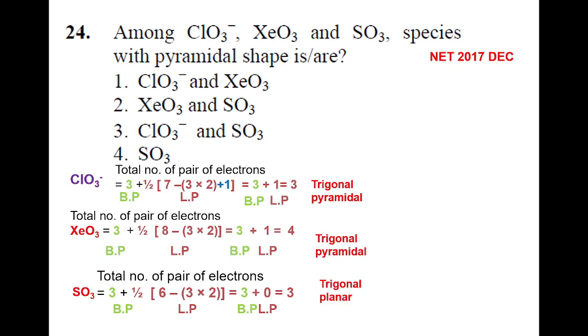ClO3 minus has 3 bond pair, 1 lone pair, so that is trigonal pyramidal. In case of XeO3, 3 bond pair, 1 lone pair, that is trigonal pyramidal. In case of SO3, 3 bond pair, 0 lone pair, trigonal planar. So we have 2 trigonal pyramidal shapes, that is ClO3 minus and XeO3. So option number A is the correct answer.